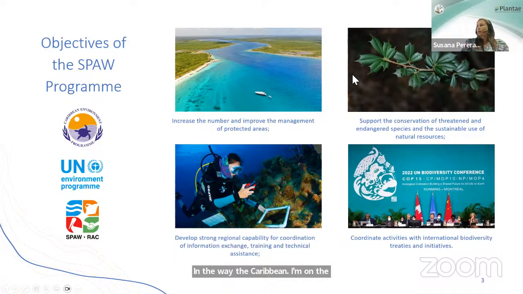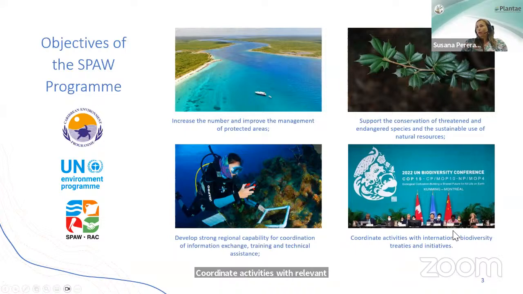The second one is to support the conservation of threatened and endangered species and the sustainable use of natural resources. Also, develop strong regional capability for coordination of information exchange, training, and technical assistance between the contracting parties, countries, and partners, and coordinate activities with relevant international biodiversity treaties and initiatives.